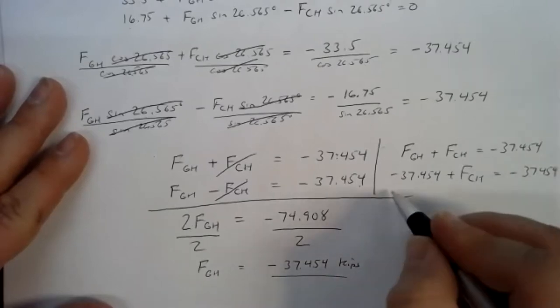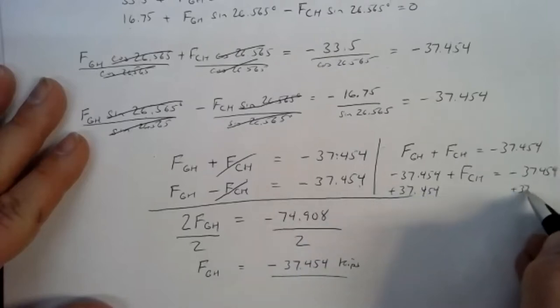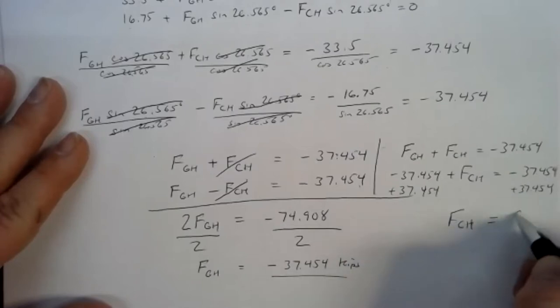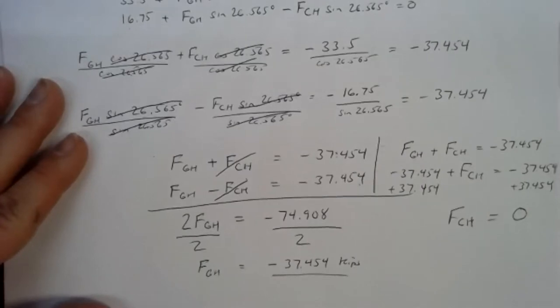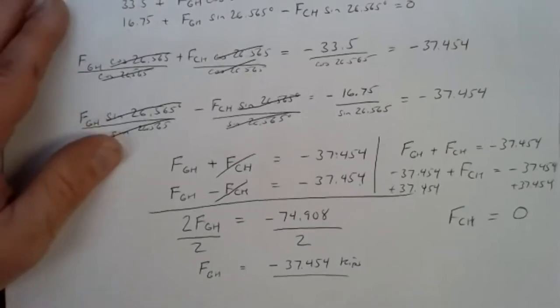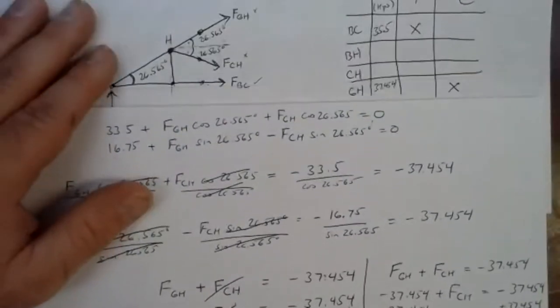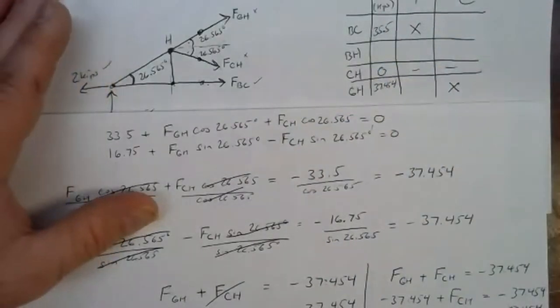And if I add 37.454 to both sides, FCH equals 0. It turns out the way that this truss is loaded, member CH carries no load. So member CH is unloaded. So member CH, no load, so therefore not in tension or compression.